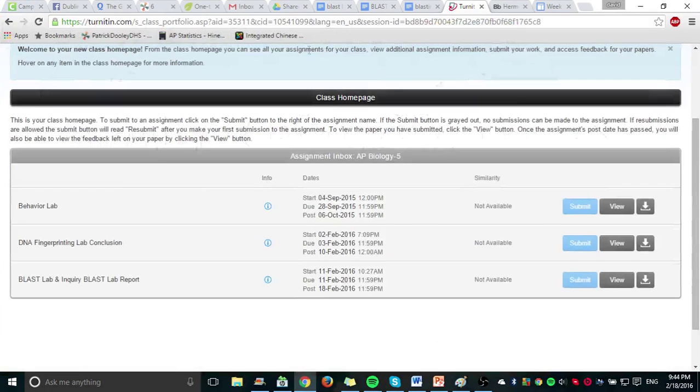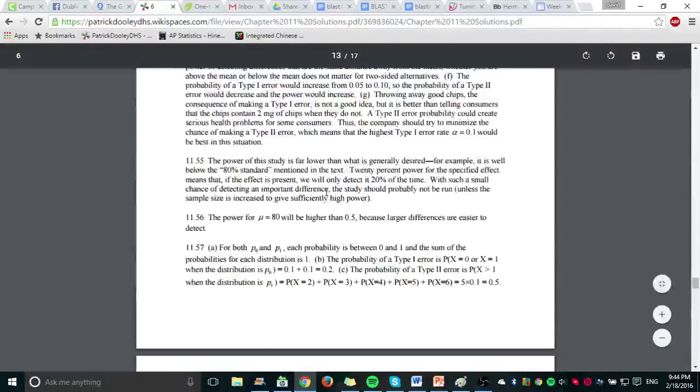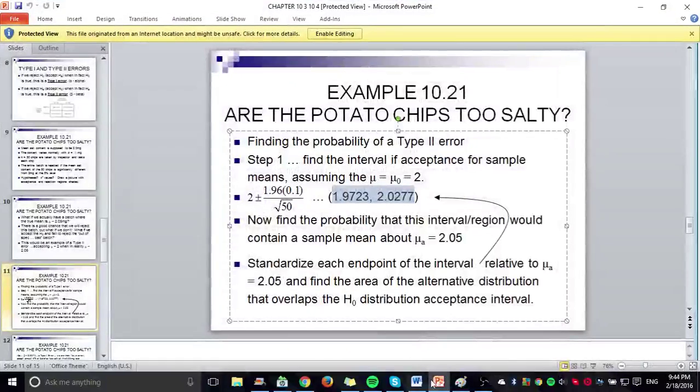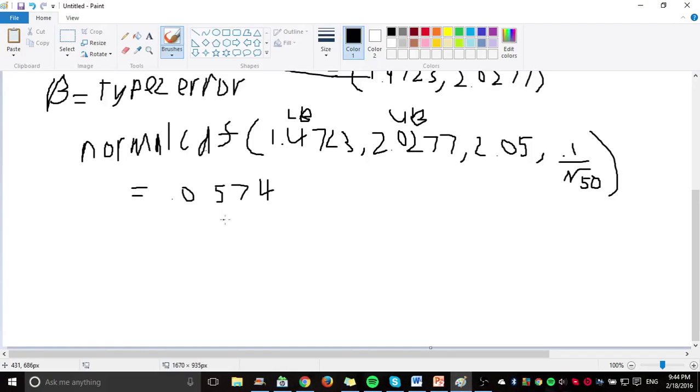In the book itself, the answer was almost that. It was 0.0576. So it's probably some sort of rounding difference, where one of us rounded differently. Theirs is 0.0576, ours is 0.0574. It's pretty much close enough. It's probably just a rounding error.